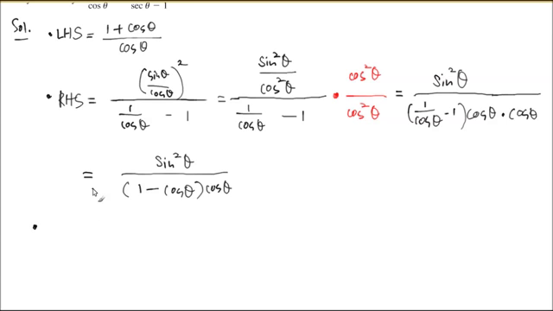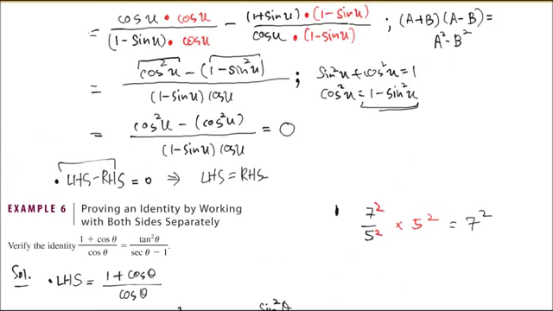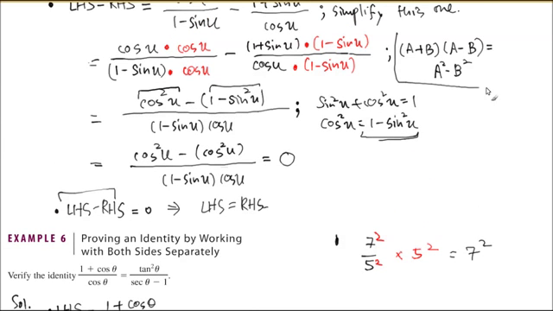Here's a stage where some people have a different idea. If you see sine squared, what comes to your mind? 1 minus cosine squared, right? 1 minus cosine squared looks a lot like 1 minus cosine. Do you know how they're related? It's 1 minus cosine times 1 plus cosine.